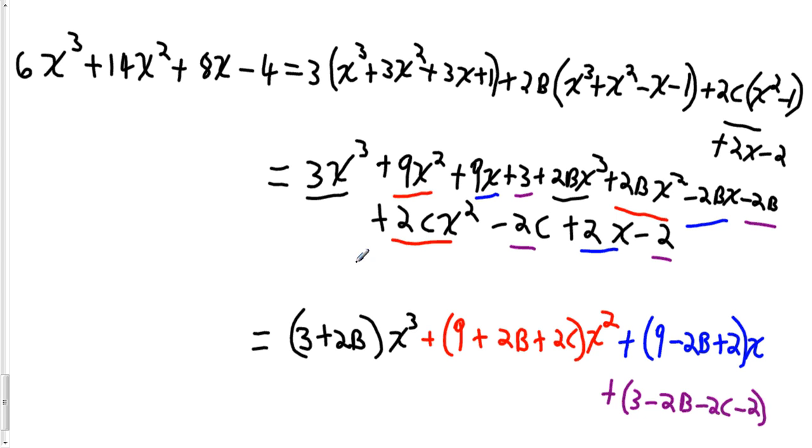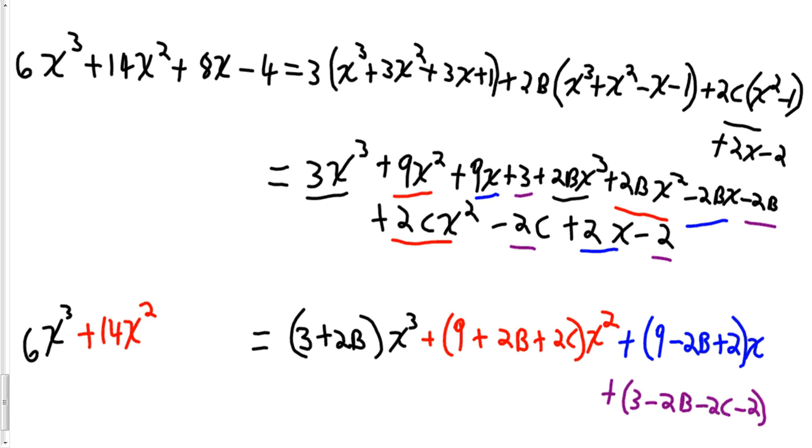All right, so that means that the coefficient on the left of x cubed, which is 6, has to be equal to 3 plus 2b. So 6 has to equal 3 plus 2b. The coefficient of x squared on the left, which is 14, has to be 9 plus 2b plus 2c.